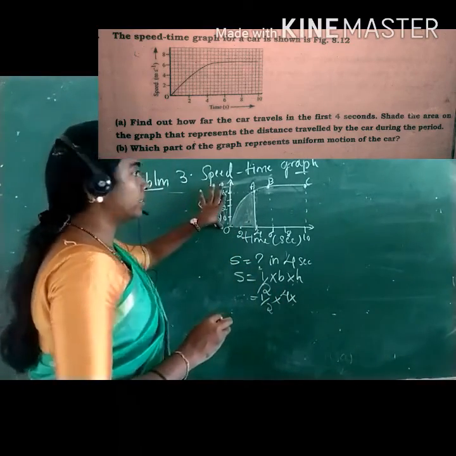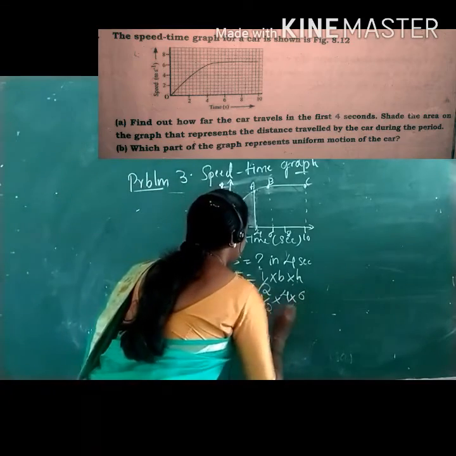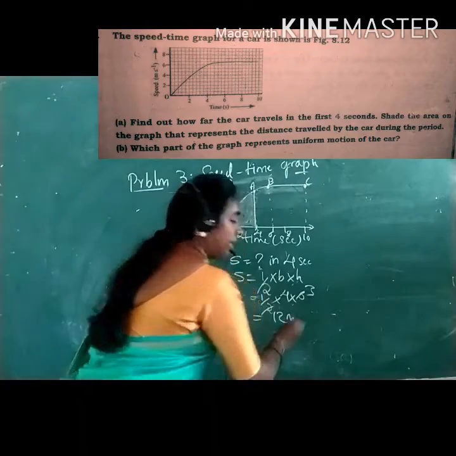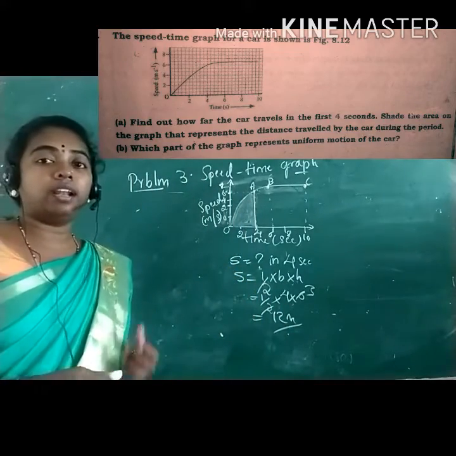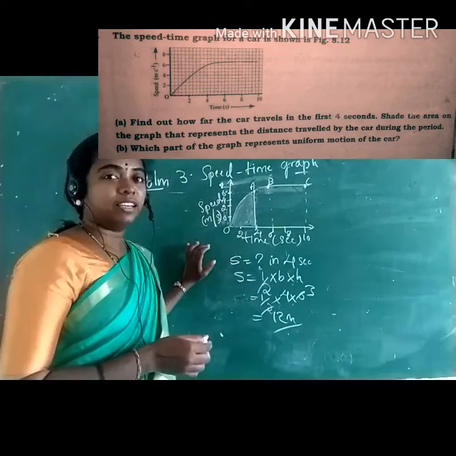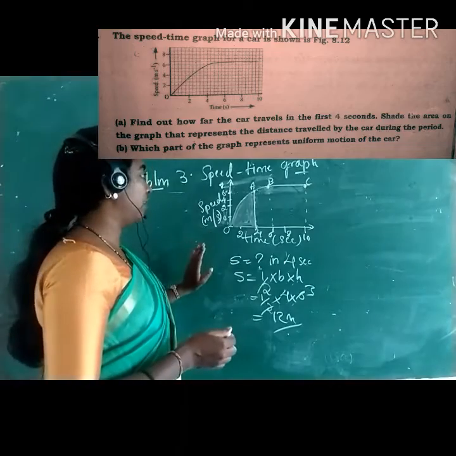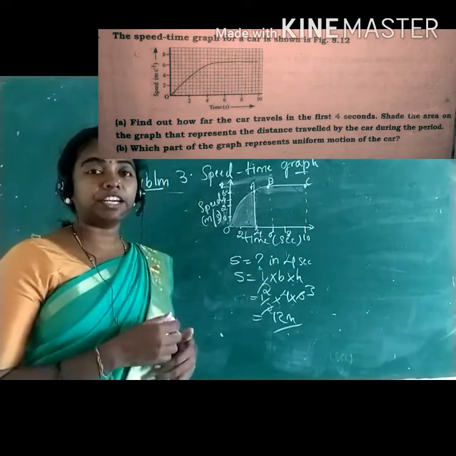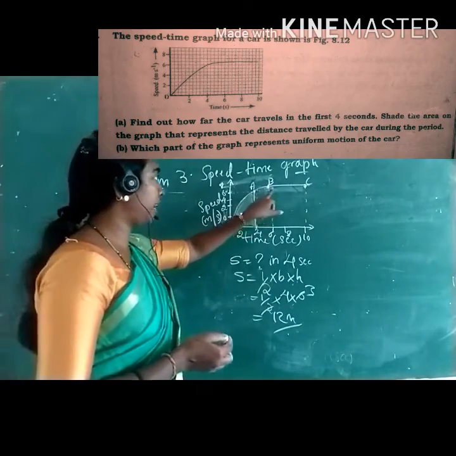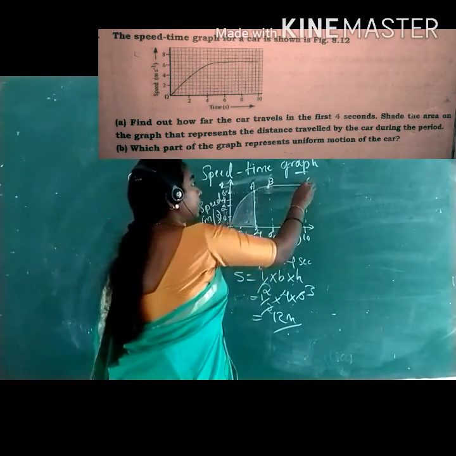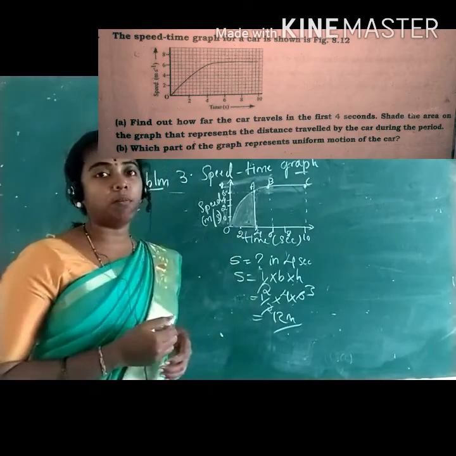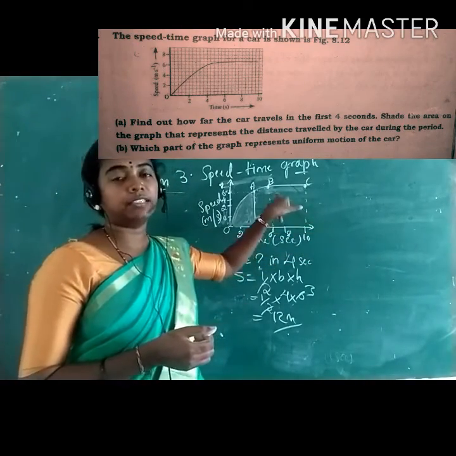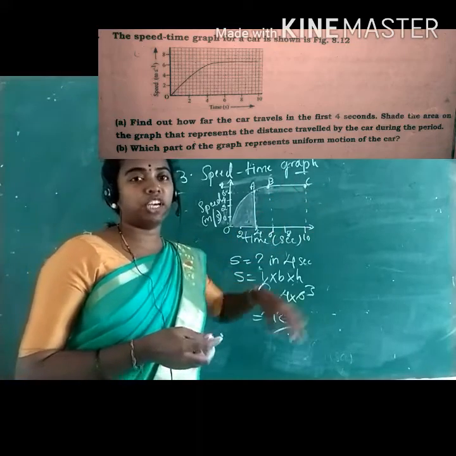It is 6. So we'll get 12 meter. In the sub-question they have asked in which amount of time it is in uniform motion. You can observe the diagram. From point B to C it is having uniform motion, that is from the 6th second to the 10th second it is travelling with uniform motion.